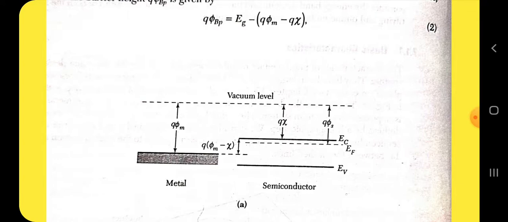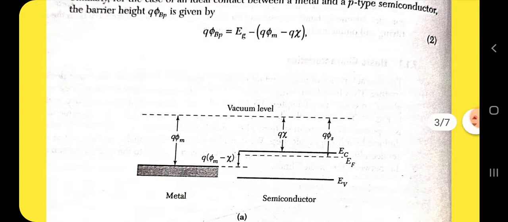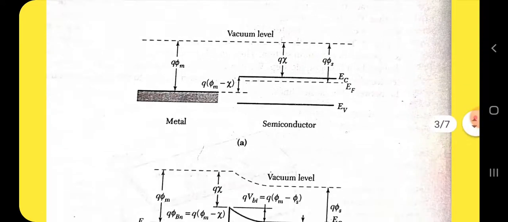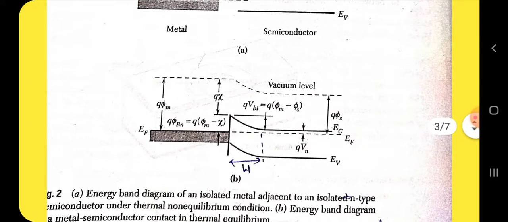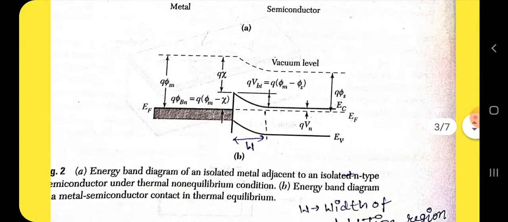For this ideal case, the barrier height Q phi b is simply the difference between the metal work function and the semiconductor electron affinity. Q phi b is equal to Q in brackets phi m minus chi. So here we show the energy band diagram of a metal semiconductor contact in thermal equilibrium.